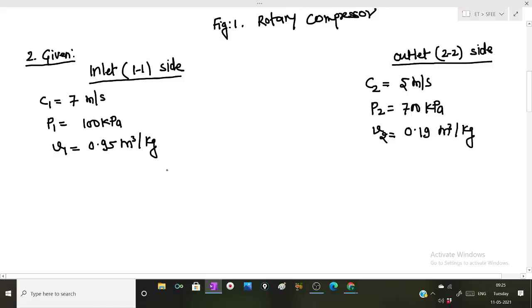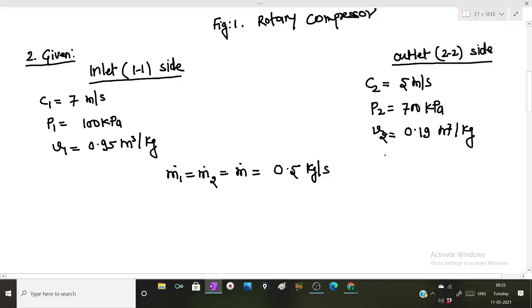Apart from this, air is flowing steadily, that is, the mass flow rate at inlet is equal to the mass flow rate at outlet, m1 dot is equal to m2 dot is equal to m dot, and this steady rate of flow is given as 0.5 kg per second.